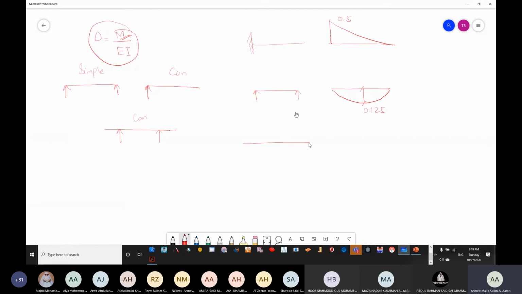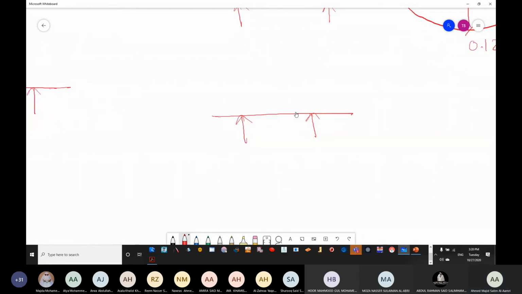Now for a continuous beam, will the coefficient be lesser or more? Now you can see, if it's simple, it should be like this. But now what has happened? You see this particular line has been shifted up.